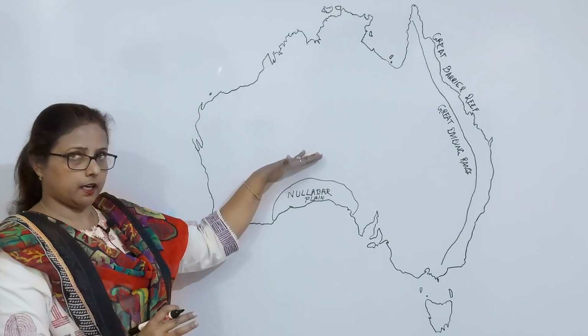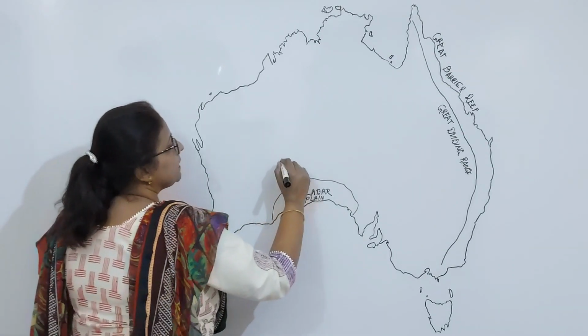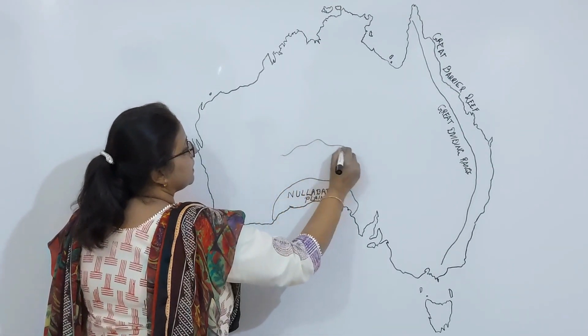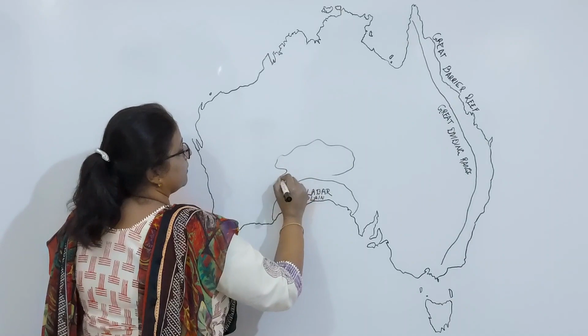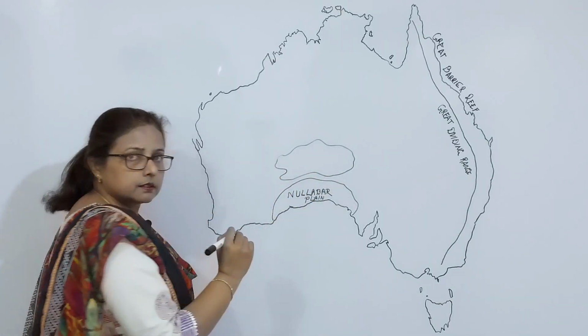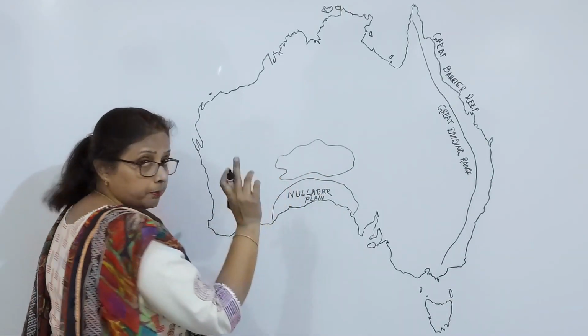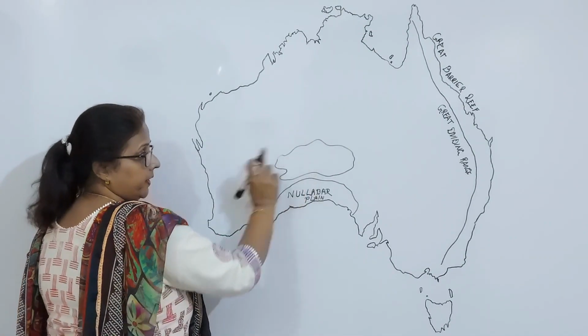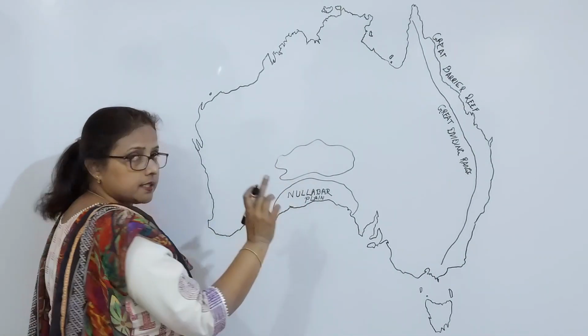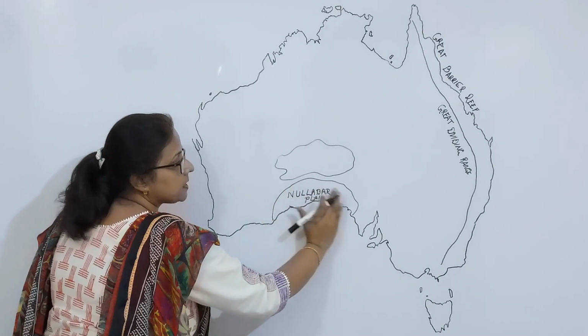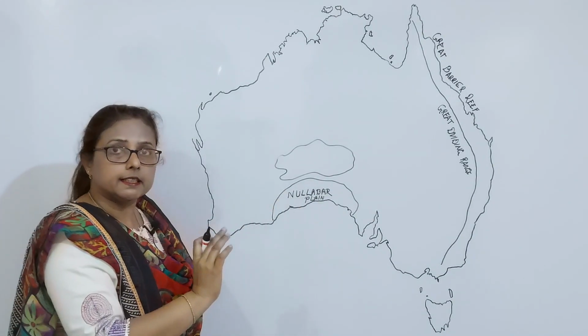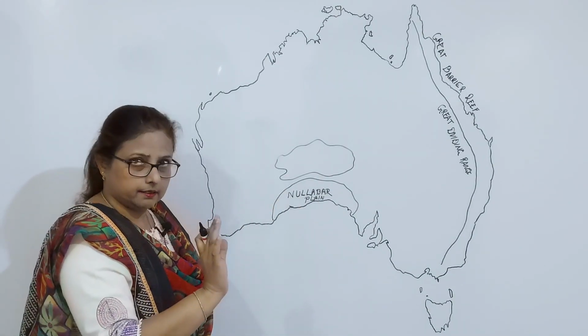Just north of the Nullarbor Plain, we have the Great Victorian Desert. Before I talk about the Great Victorian Desert, please remember that this Nullarbor Plain has to be colored light green.